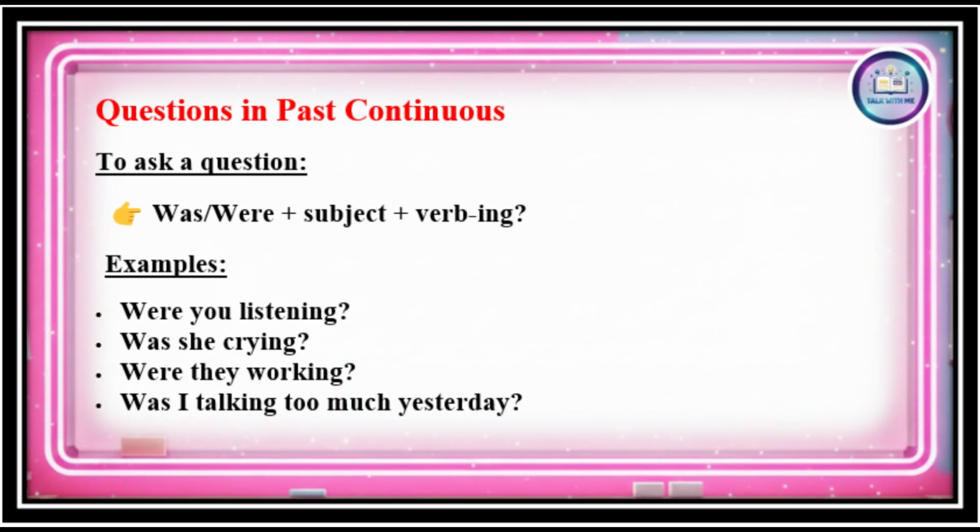Okay, let's see how we form questions in the past continuous tense. All right, to ask a question, we have to bring was or were to the front of the sentence. It's easy, right? Look at the sentence structure. Was or were, plus subject, plus verb plus ing. Examples.